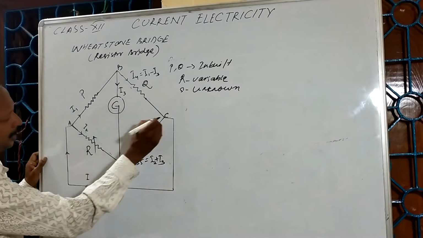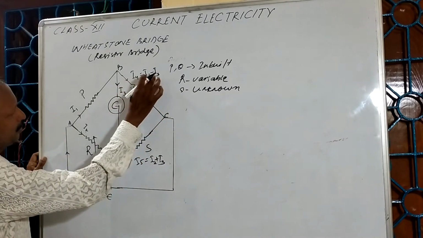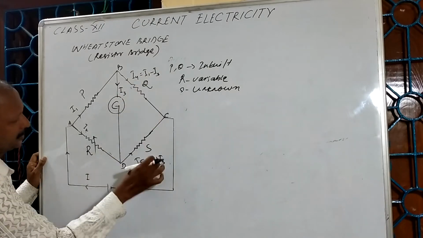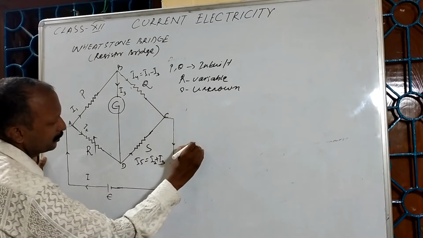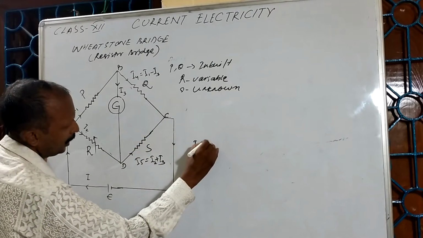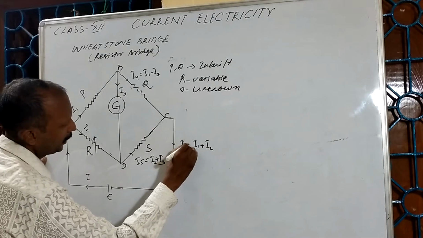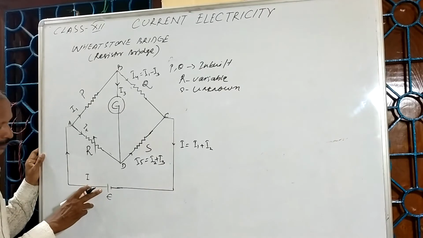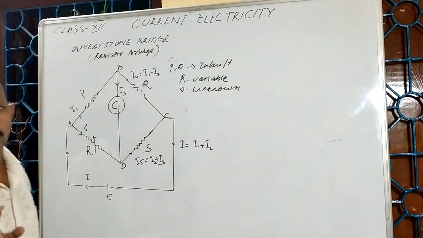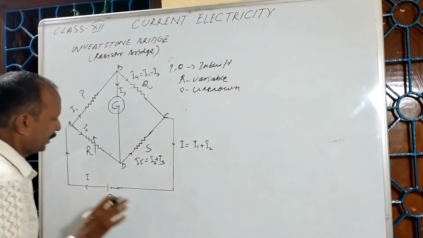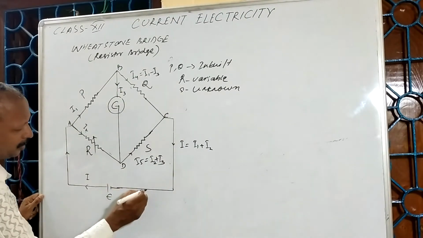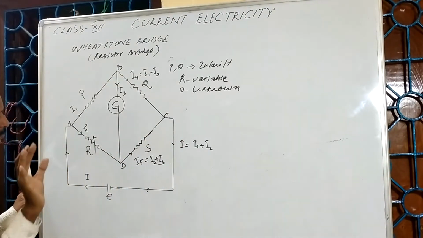Now you see that at this junction, I1 minus I3 plus I2 plus I3, that means I3 cancels, I1 plus I2, which is equal to I. We should keep in mind that the amount of current leaving the battery should be equal to the amount of current entering the battery. It left I and I amount of current is entering also. That means what we have taken is absolutely correct.